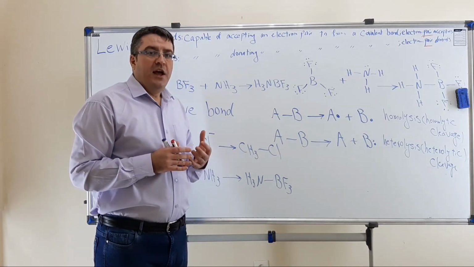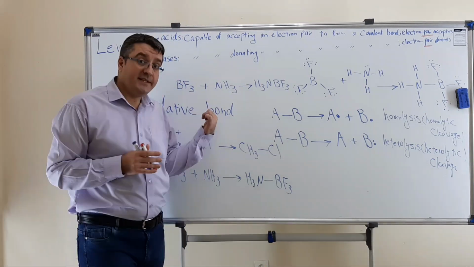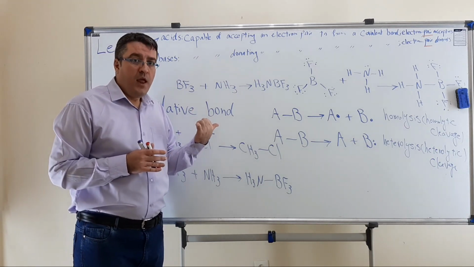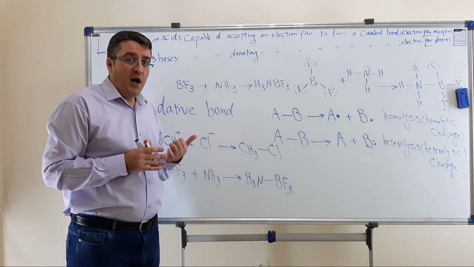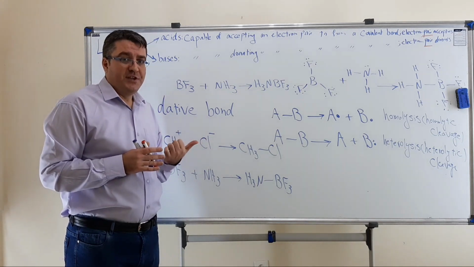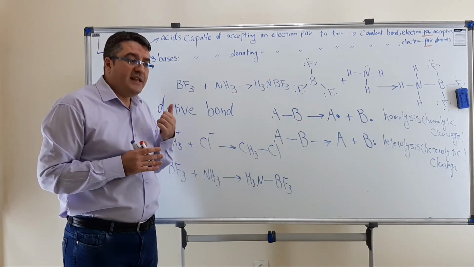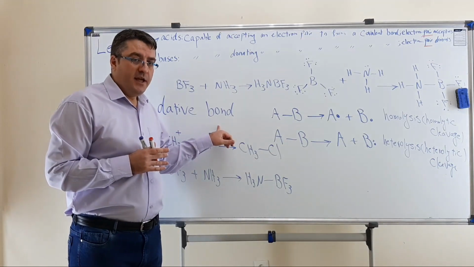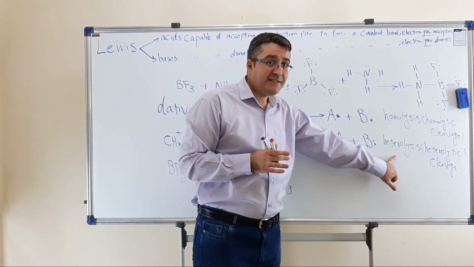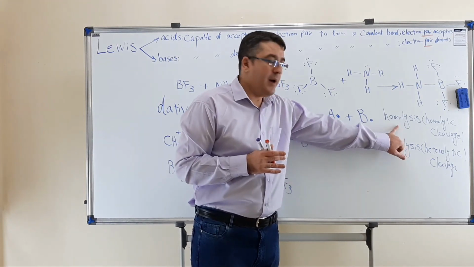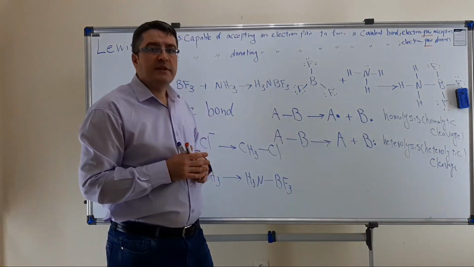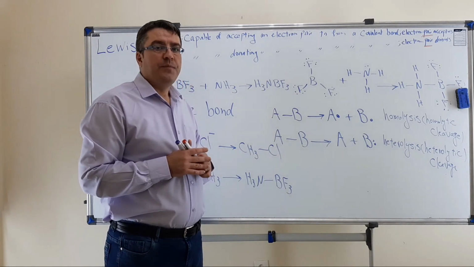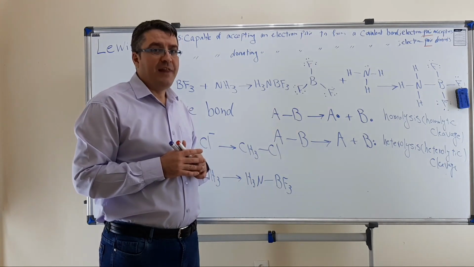So we see that IUPAC considers the term dative bond as a term for coordination bonds with some specific features. The distinctive feature is the fact that for dative bonds, heterolysis requires less energy to break the bond than homolysis. Also, dative bonds are usually characterized by significant polarity, lesser strength, and greater length.